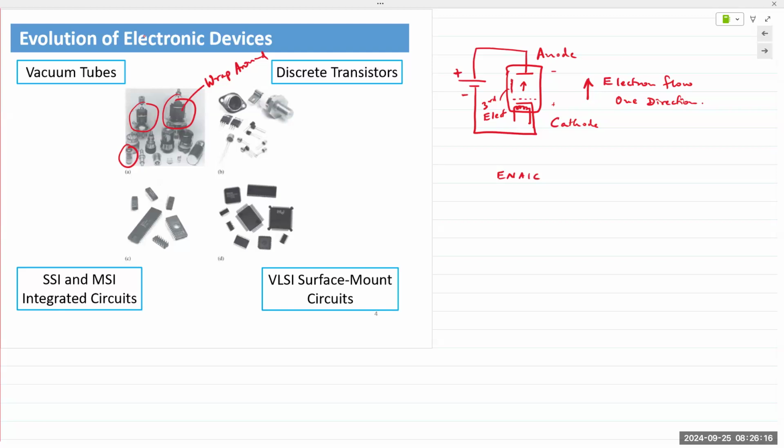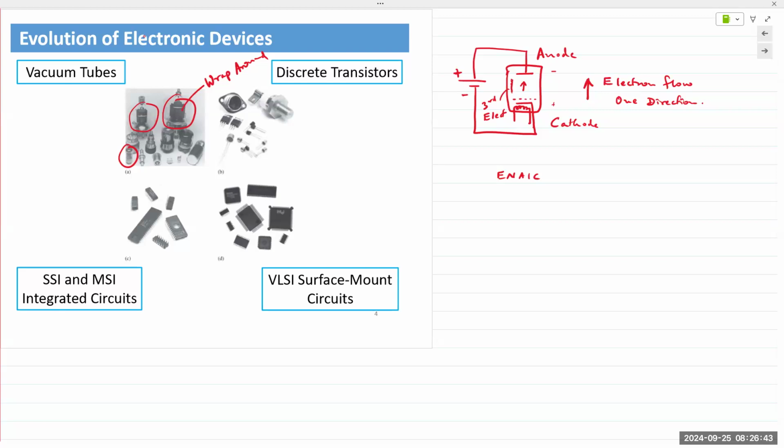And it was installed at UPenn, University of Pennsylvania, on a military grant. It contained, I think, 75 to 100,000 vacuum tubes. It cost about $500,000 at that time. And if any part was non-functioning, it would take more than a day just to locate the faulty vacuum tubes and replace them. Very, very complex. So when you get a chance, you can look it up.